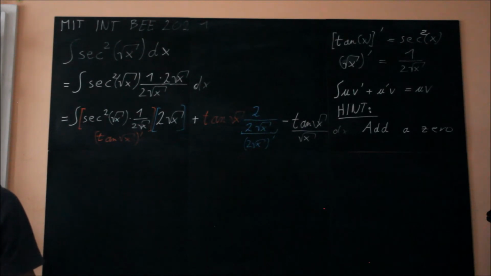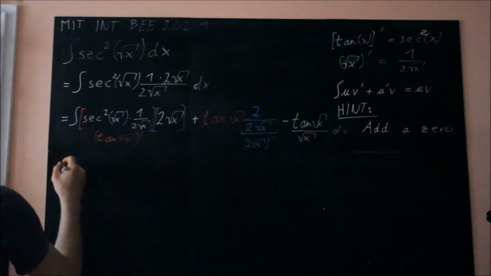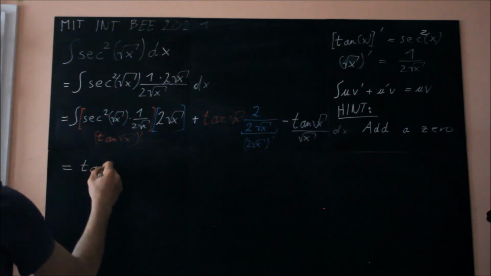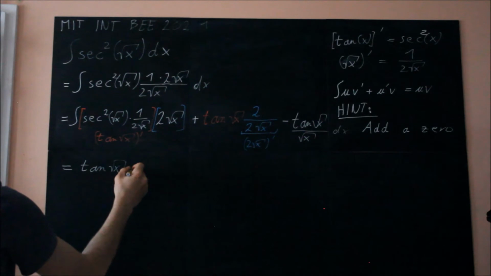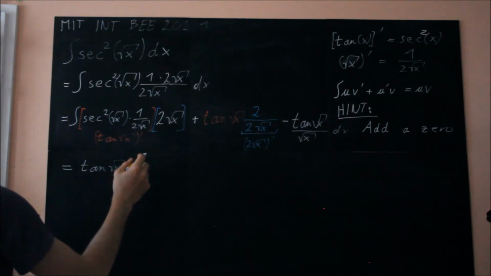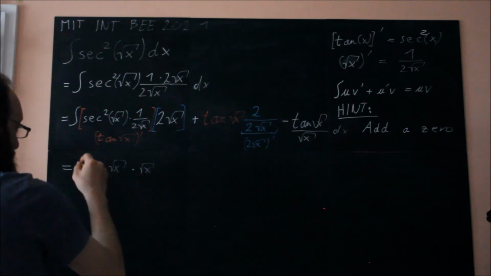So yeah, what do we have here? Like I said, this is the product rule. So the first part is tangent square root x times square root x and a 2.